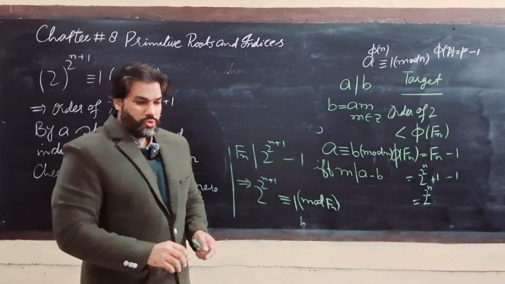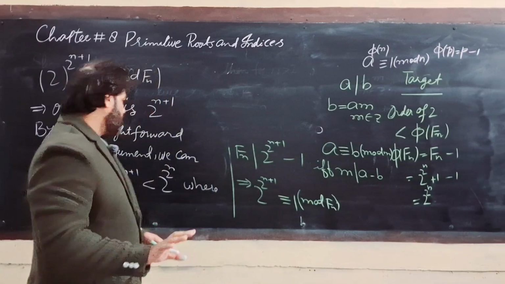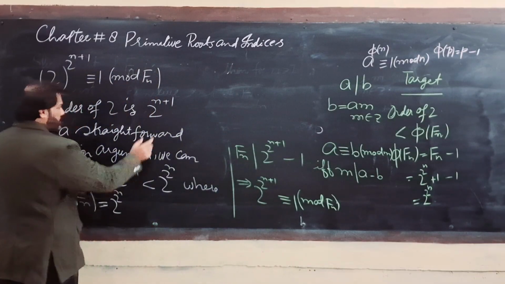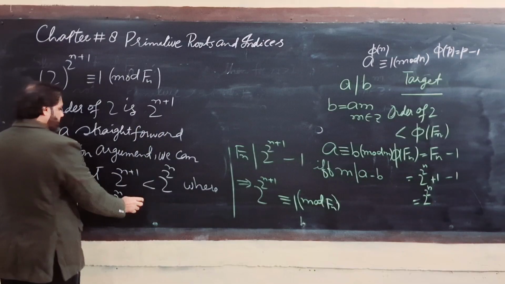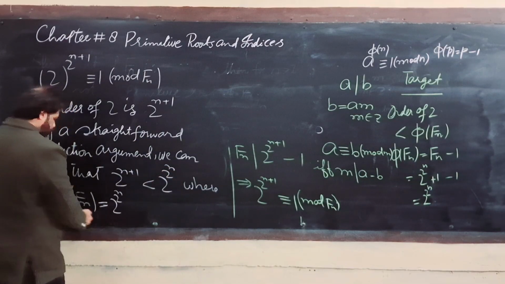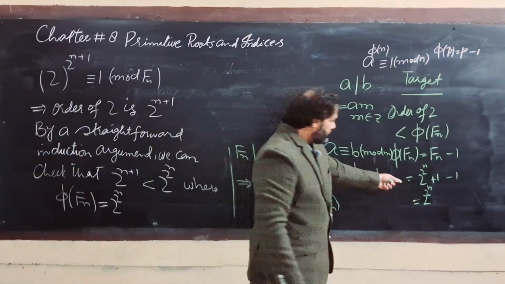You can use mathematical induction, but there is no need to. It can be easily observed that this number, that is the order of 2, is actually less than this value 2^(2n). And this is actually the value of phi of Fn that I have calculated here.